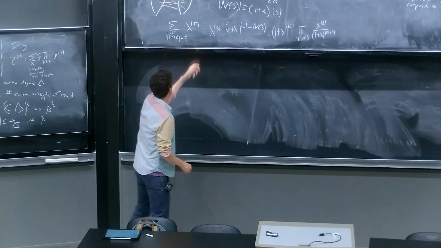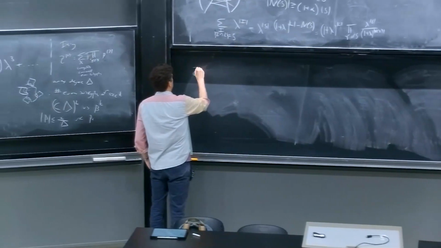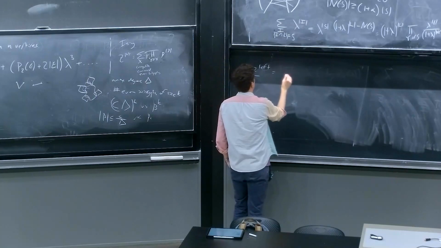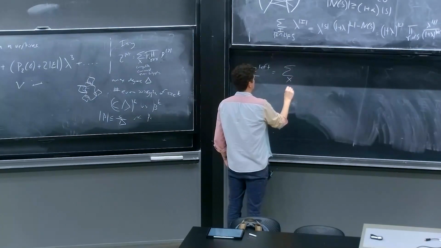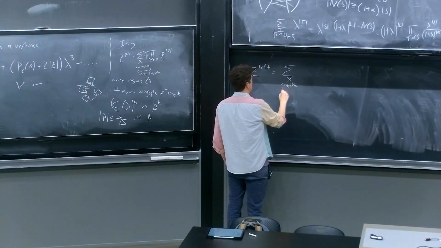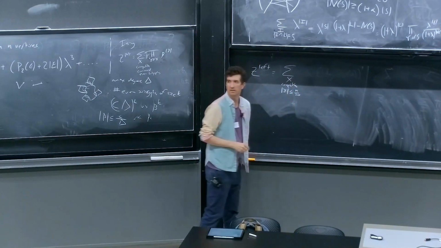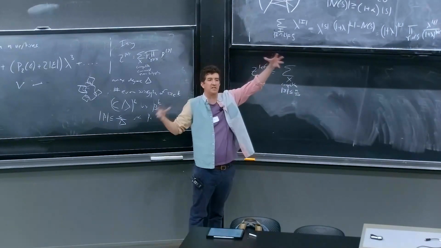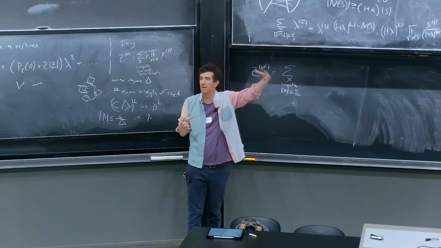So what we're going to do is say Z left is going to be the same thing, a sum over x compatible, but we're going to insist that all polymers are of size at most n over 20. So you don't have this giant polymer that takes up all the left.